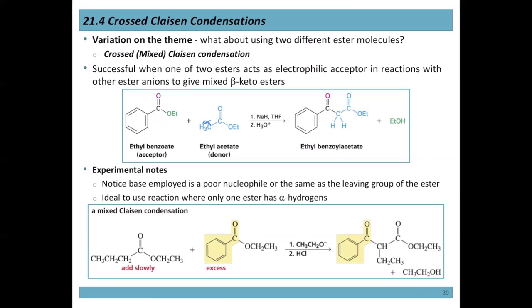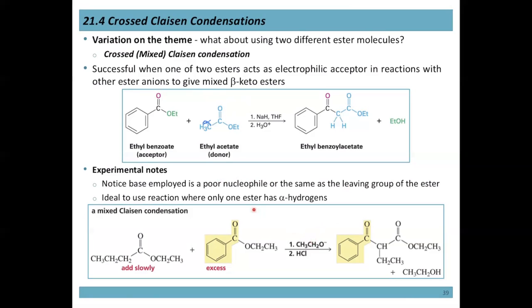So, experimental notes: notice a base typically employed is a poor nucleophile or the same as the leaving group of the ester. And when we say poor nucleophile, something like NaH, so it doesn't hydrolyze or substitute that ester.